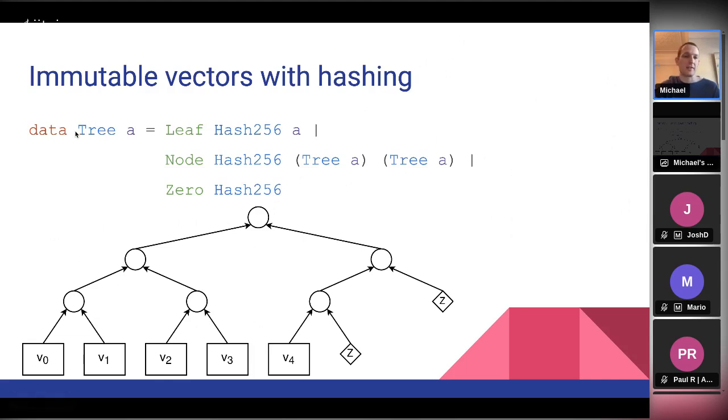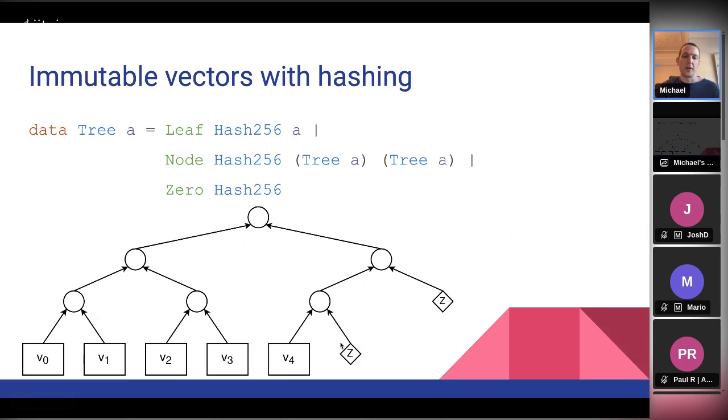And I've used a sort of Haskell-like syntax here, but that's just to illustrate that a tree is either a leaf, which has the hash of the leaf and the value, or it's a node, which has the hash of the node and two children, which are both trees, or this is a kind of special case, a zero node. For the parts of the tree that we haven't added any leaves in yet, we don't actually have to put anything there.